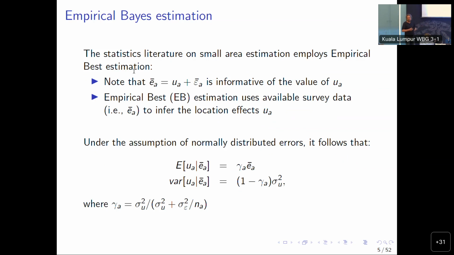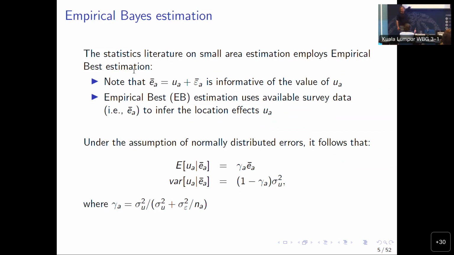So if you average over an increasingly larger number of households, that error will just average out. It gets smaller and smaller as you average over a larger number of households. And so that average residual term will converge towards the actual location effect; at some point you will just observe it.